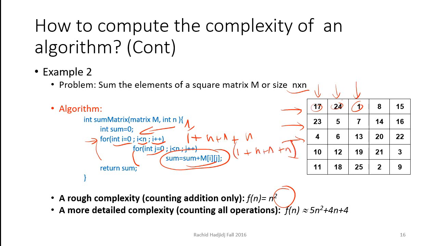But the whole thing is going to be repeated n times, so we have to multiply by n. And this operation here is going to be executed n squared times. For the access to the matrix, plus n squared additions, so you need to add n squared for the additions, and n squared assignments. So if you count all of these things, you should get something close to this one.